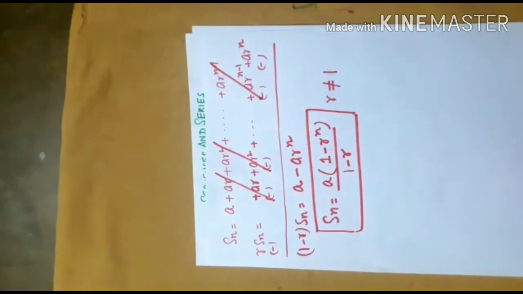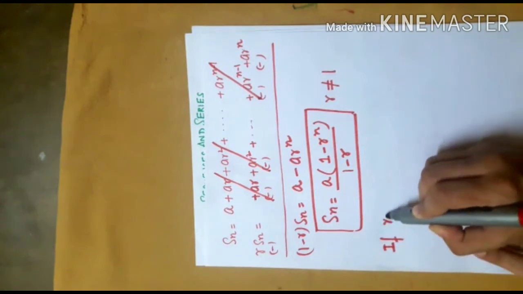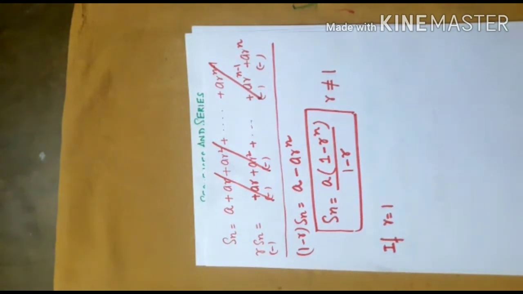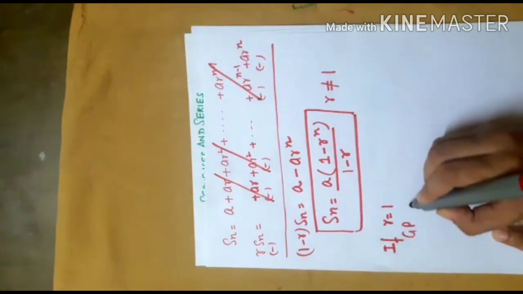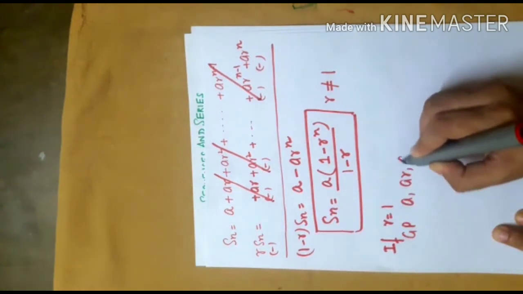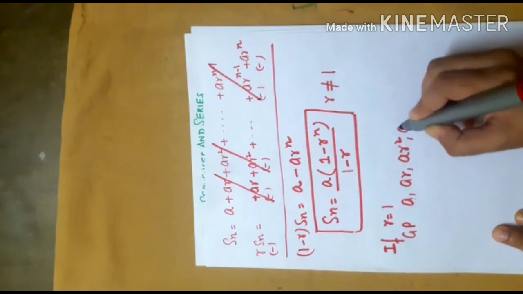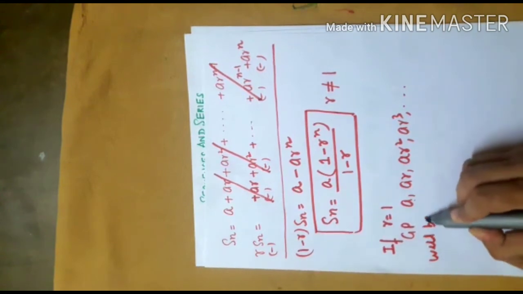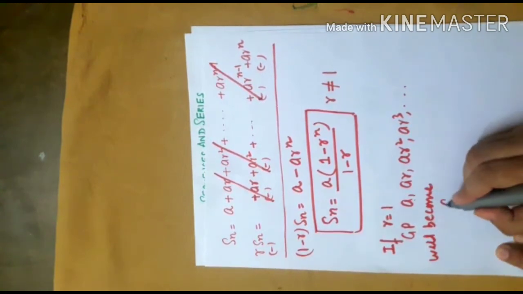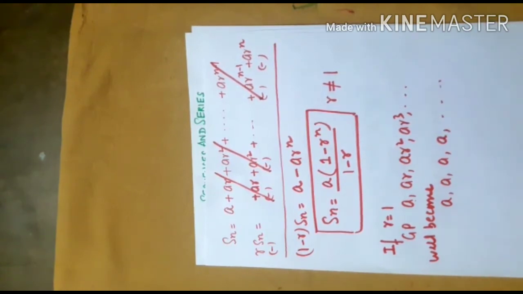Now the question is, what will happen if r is equal to 1. When r is equal to 1, the GP a, ar, ar square, ar cube and so on will become a, a, a and so on.